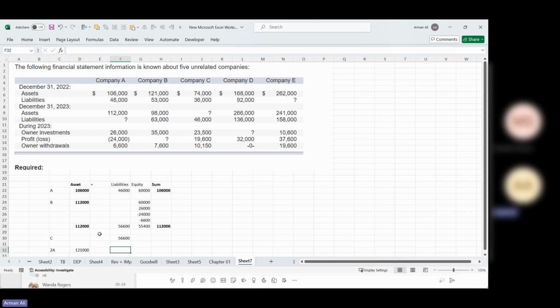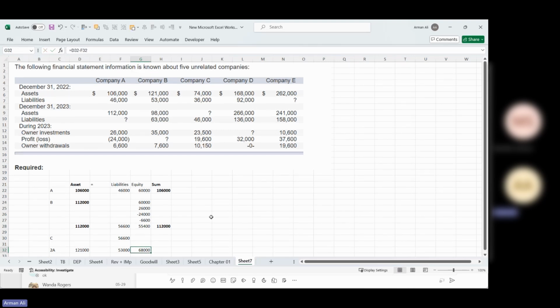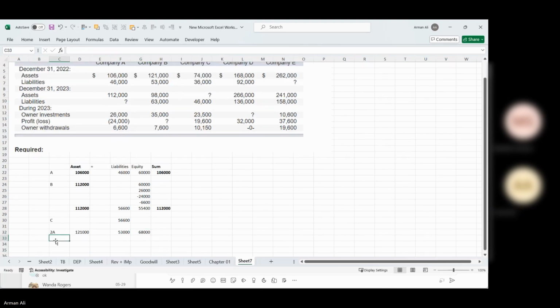And we have the liability, 53,000. Equity is going to be 121 minus 53,000, 68,000. That is my answer. That is correct. For the same thing they're asking in 2B, what is the equity over here?